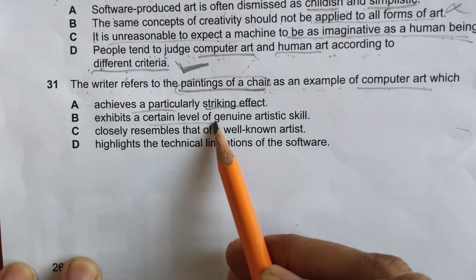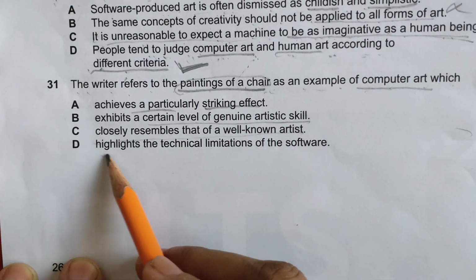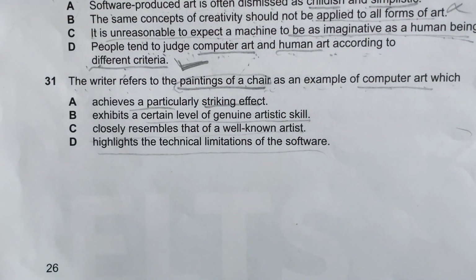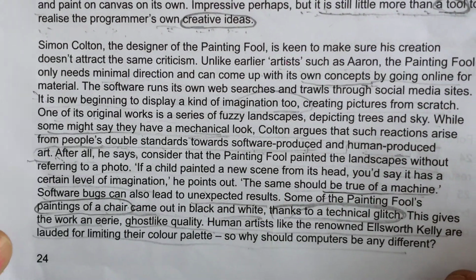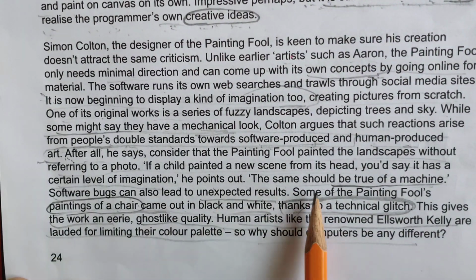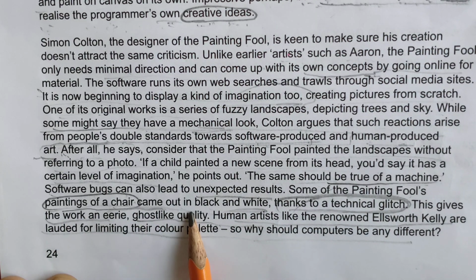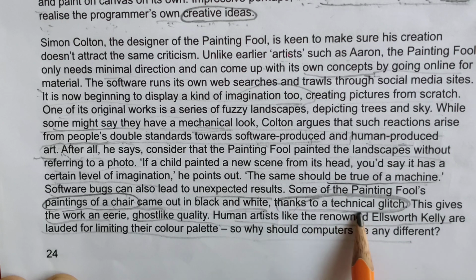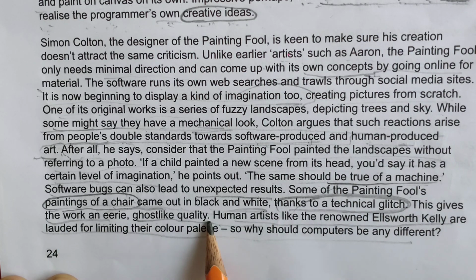Exhibits a certain level of genuine artistic skill, closely resembles that of a well-known artist, highlights the technical limitations of the software. Okay, what it is saying, some of the paintings, the painting of a chair, came out in black and white thanks to a technical glitch. This gives the work an Art Deco-like quality.